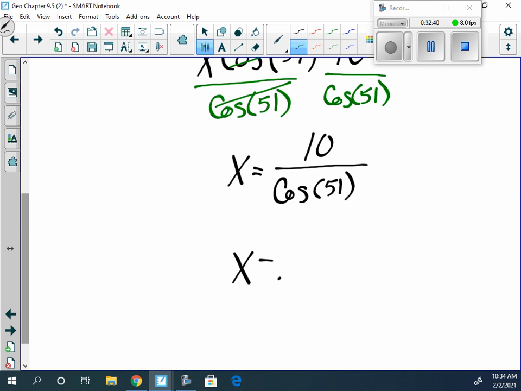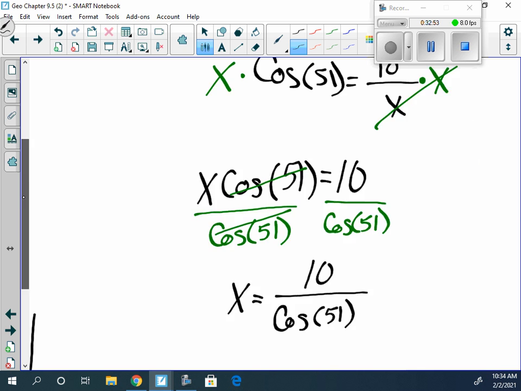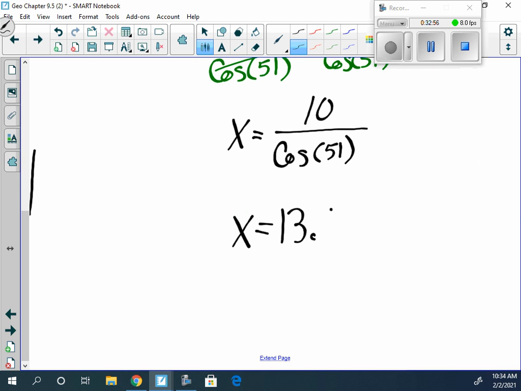And if we do this here in the calculator, because if they tell us to round to the nearest tenth, this would be 15.89, I think, and then it rounds up to 15.9.